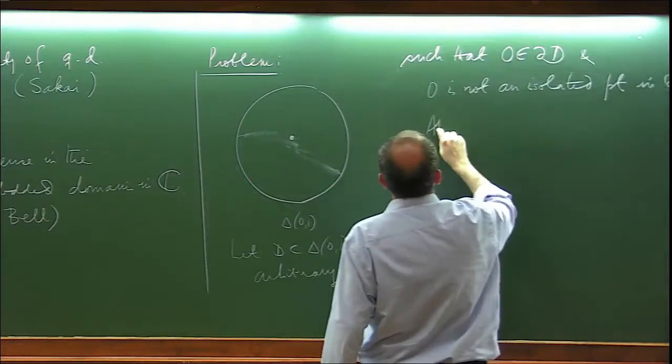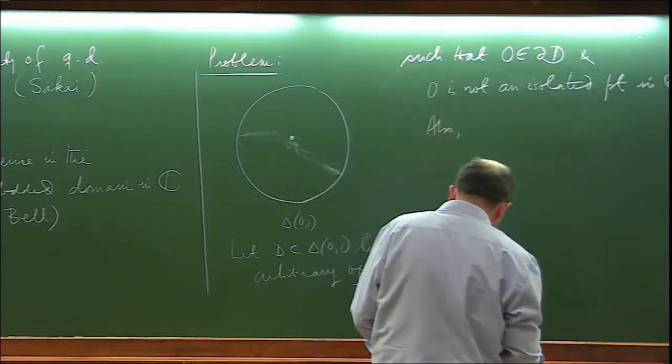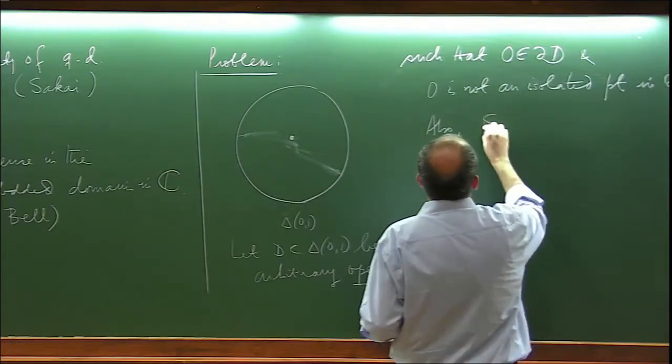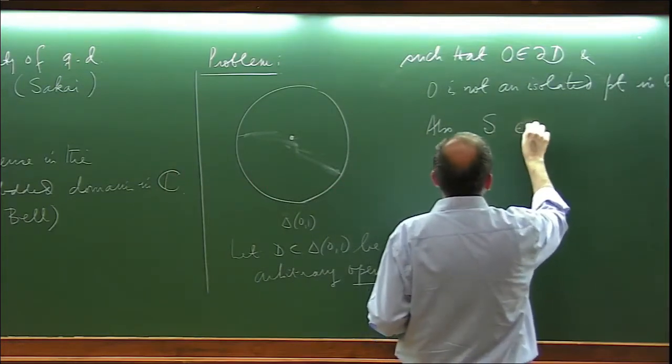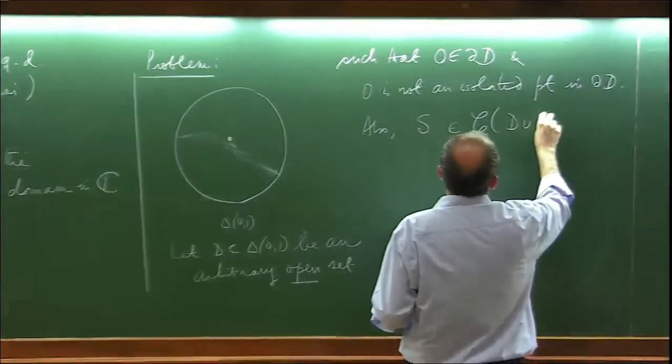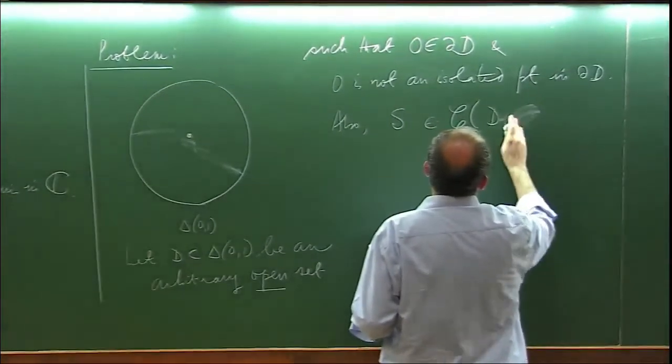Also, assume that there is a function S which is continuous on D union the boundary, so D closure.